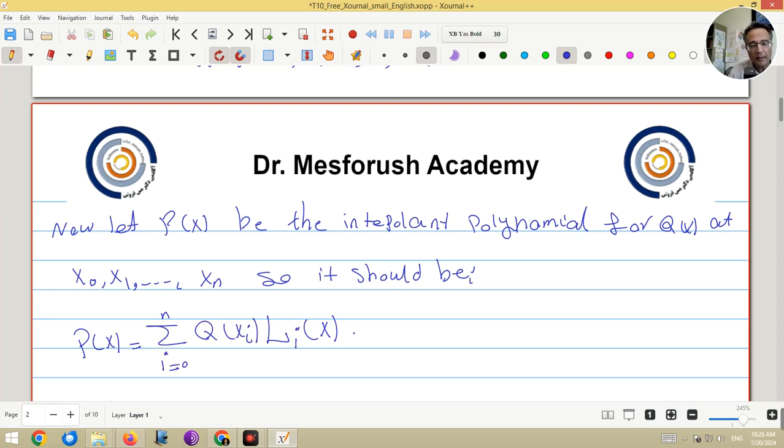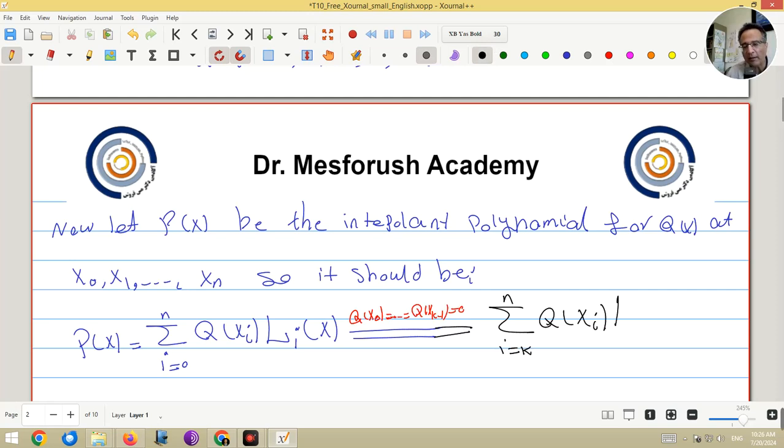But we know that q at x0 through q at xk minus 1 equals 0, so it will be the sum from i equal to k to n of q of xi li of x.